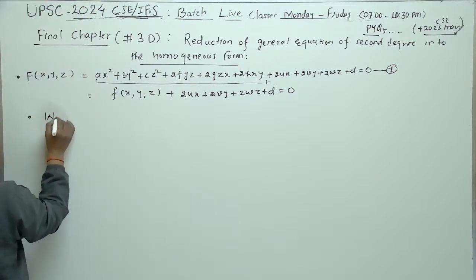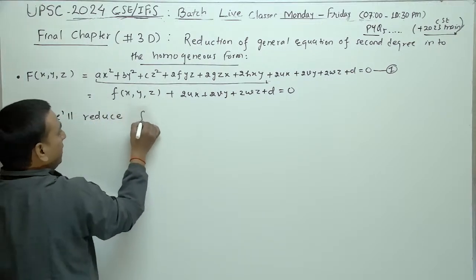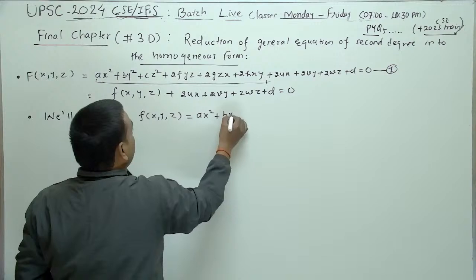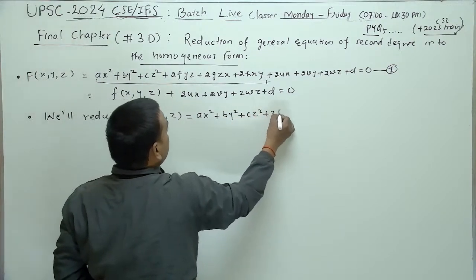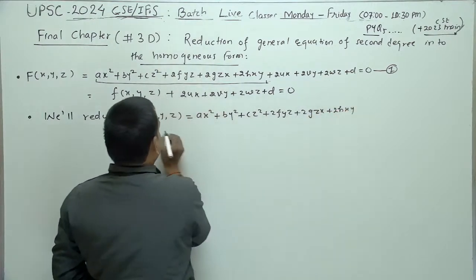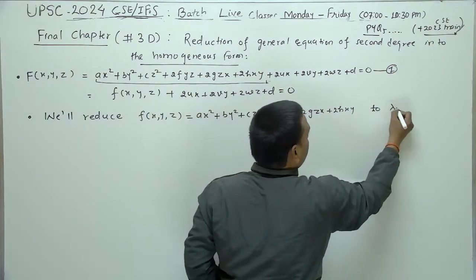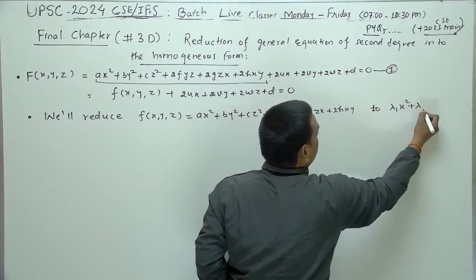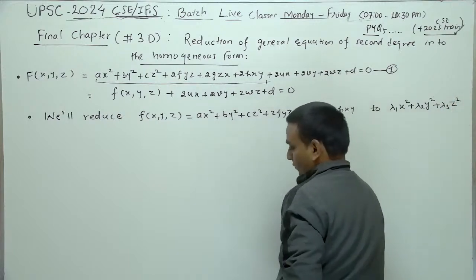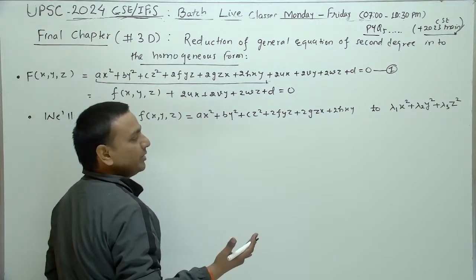Number second, we will reduce, watch carefully, f of x, y, z, which is ax square plus by square plus cz square plus 2fyz plus 2gzx plus 2hxy. We will reduce this to lambda 1 x square plus lambda 2 y square plus lambda 3 z square. Now you will ask, sir, what are these lambda 1, lambda 2, lambda 3? You may ask, right?